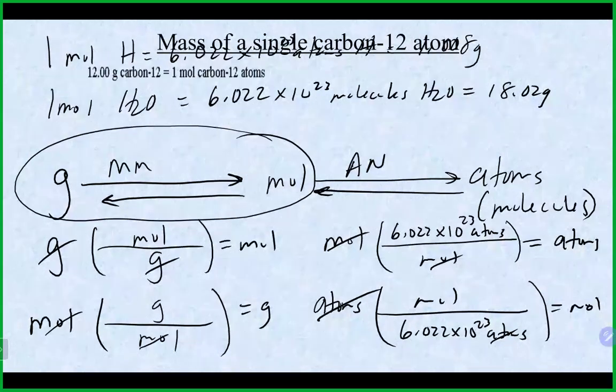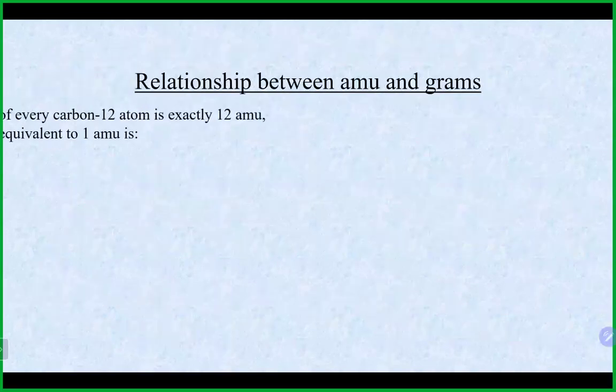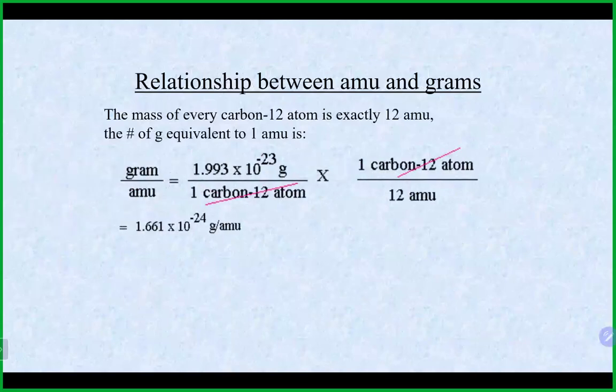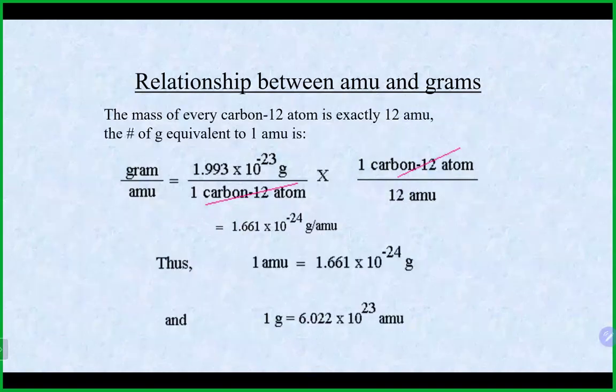It's not too important, actually. The relationship between AMU and grams, like I mentioned before, if you do the conversion, which you don't have to do, makes the AMU and grams basically the same number that you see on the periodic table.